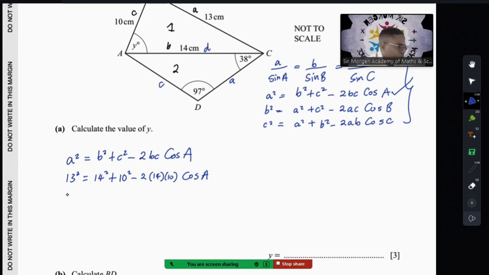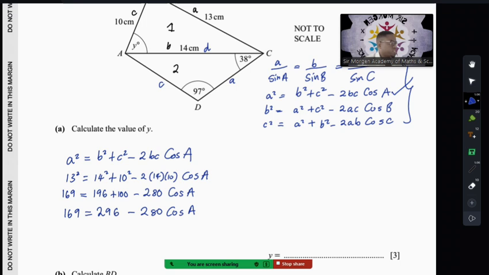Okay, you can simplify this. 169 is equal to 196 plus 100 minus, this is 10 times 14, 140 times 2, that's 280 cos A. We can always combine those two. 169 is equal to 296 minus 280 cos A. Please don't make the mistake of subtracting 296 and 280 there.